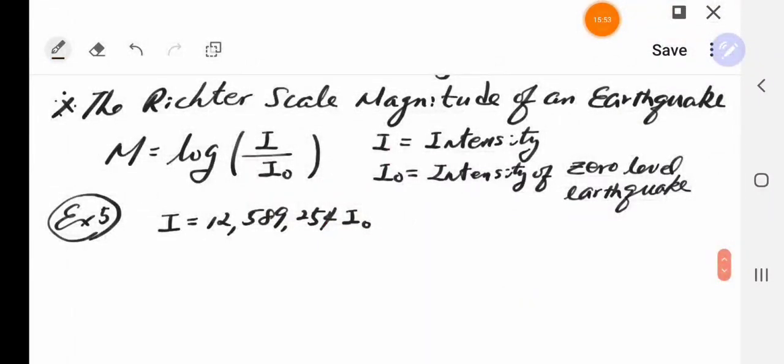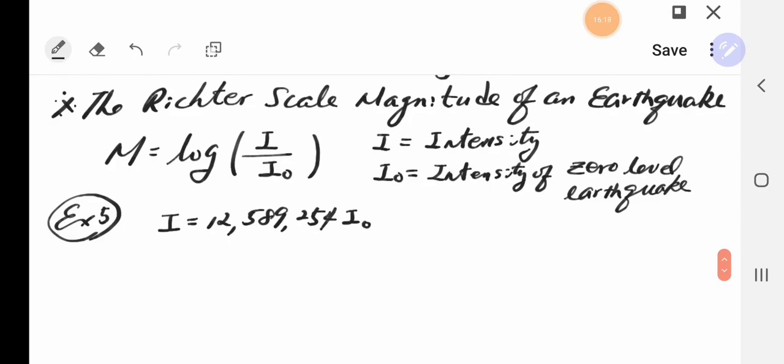Okay, here is a formula for finding the Richter scale magnitude of an earthquake. If the intensity of an earthquake is I, then the magnitude looks like this. The magnitude is equal to logarithm of I over I0.